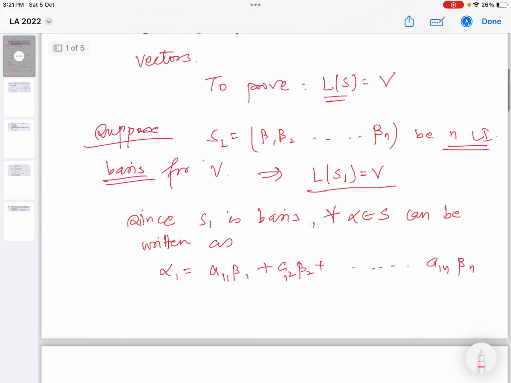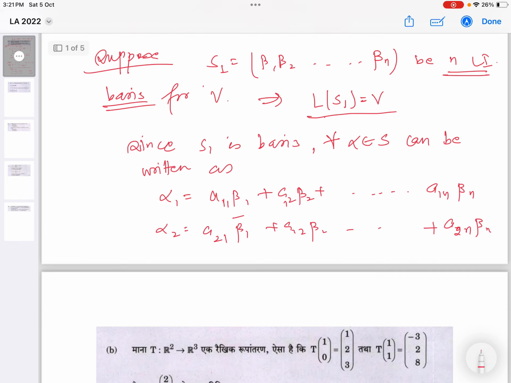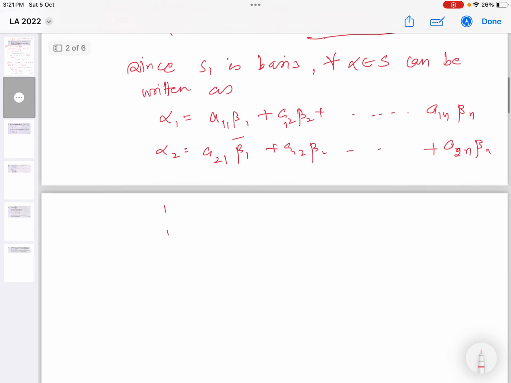Fine. Because beta 1, beta 2 is basis, similarly alpha 2 can be written as A21 beta 1 plus A22 beta 2, so on up to A2n beta n. So again, alpha n can be written as An1 beta 1 plus An2 beta 2, so on up to Ann beta n.